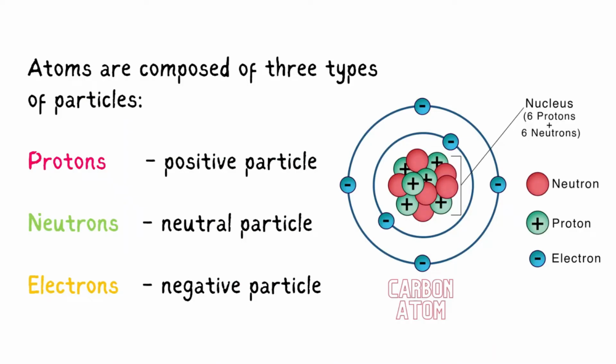Atoms are composed of 3 types of particles. We refer to them as subatomic particles. They're the protons, which are the positive particles, the neutrons, which are the neutral particles, and the electrons, which are the negative particles.